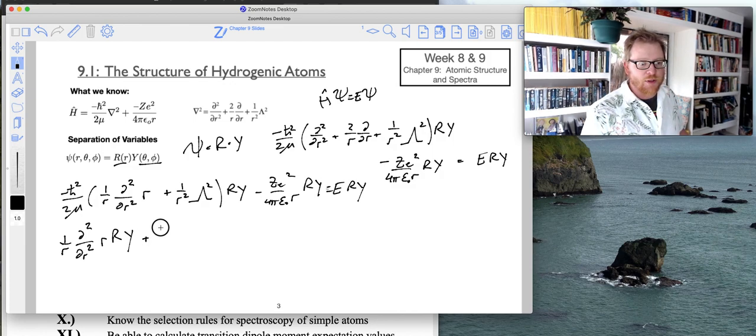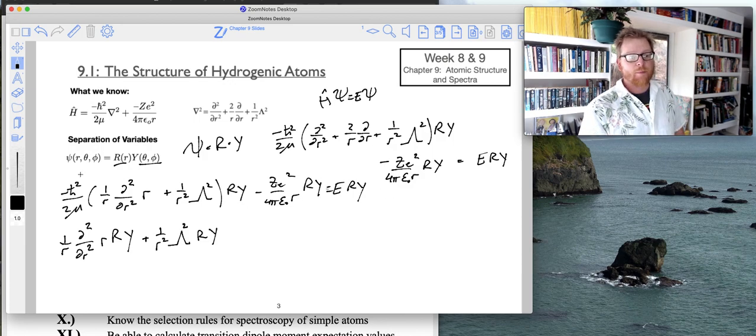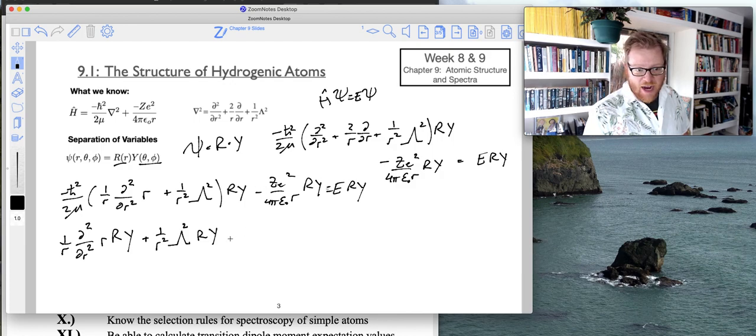And then now that's plus 1 over r squared times the Legendrian squared times RY. And then now, because I multiplied through by negative 2 mu over h bar squared, this changes my sign right here.